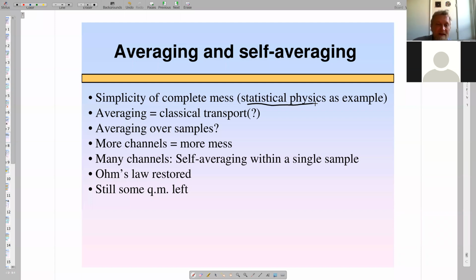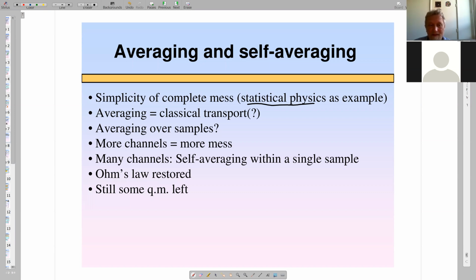Right, so it is just so simple. We have self-averaging over the channels. We cannot resolve the channels, and we characterize the transport through such a nanostructure with just a single number, conductance.